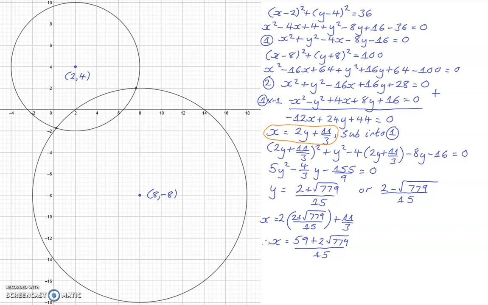And similarly for the other y coordinate, that gives that corresponding x coordinate as this.